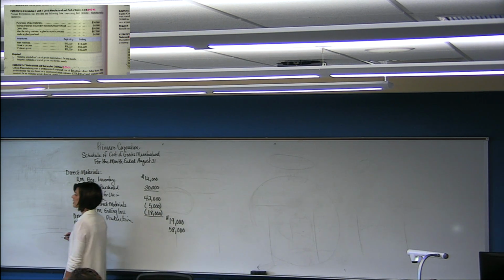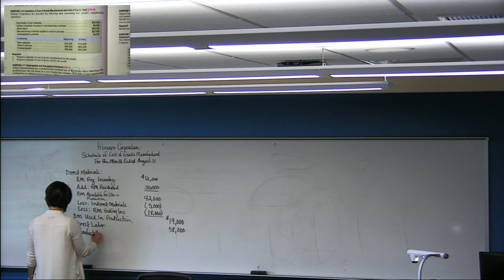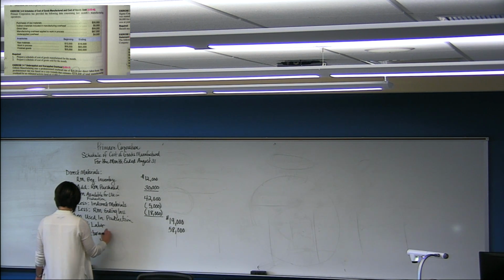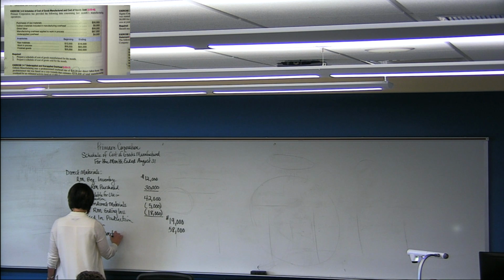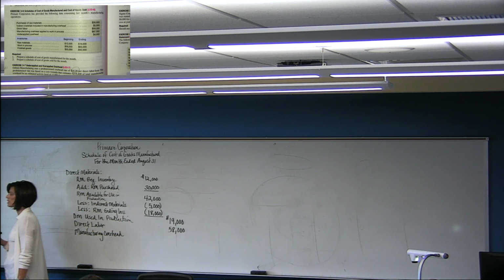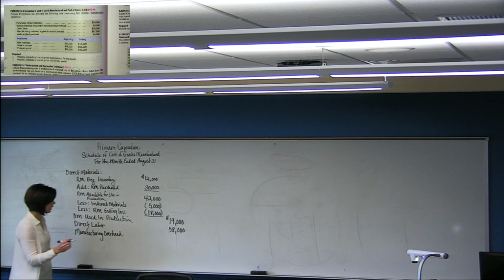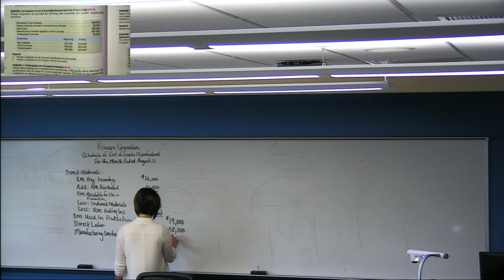And then I have manufacturing overhead that was applied to work in process, and that manufacturing overhead applied to work in process was based on a predetermined overhead rate. Just keep that in mind, right? That 87,000 came from those steps that we completed earlier.